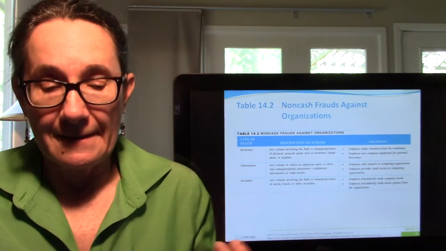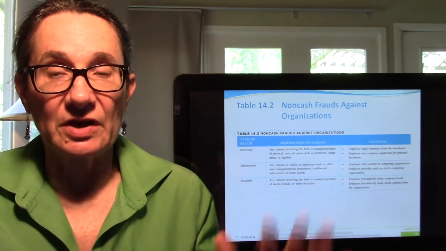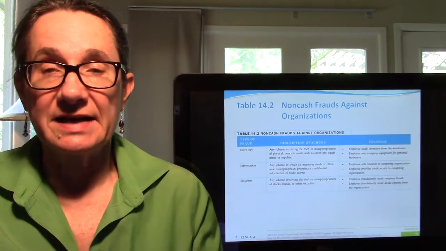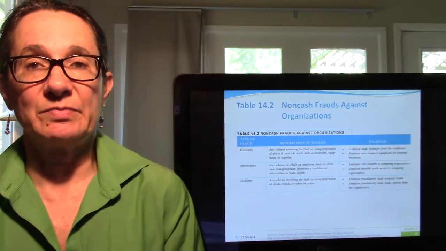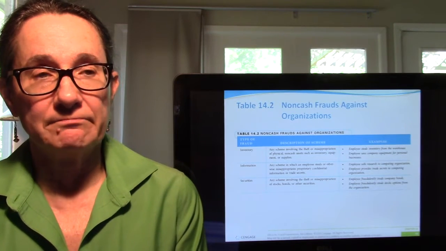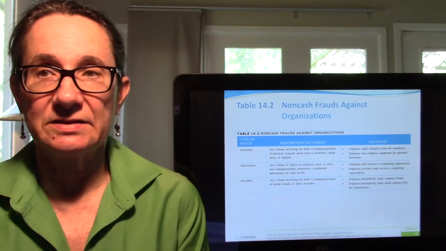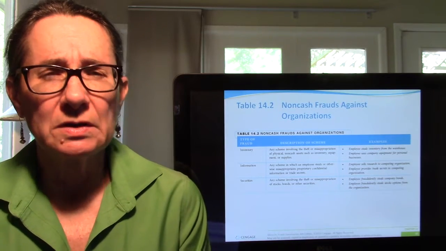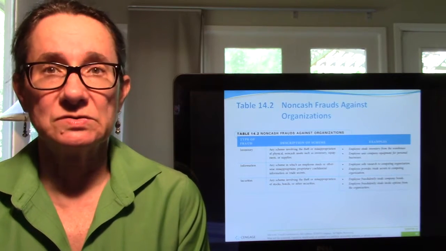Information. You can steal information on clients and sell it to somebody else. That actually happened where I worked. I worked at a financial institution, and we had an employee who created a report that listed everybody who had a mortgage and their account balances at our place and sold it to a home builder, so they could call on them and try to sell them something, I guess repairs or something, I don't know.